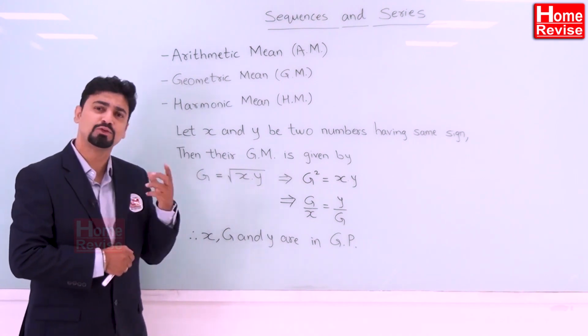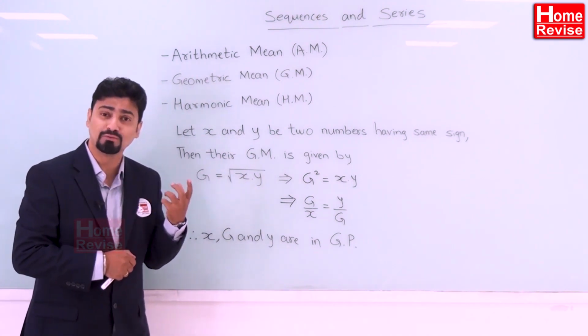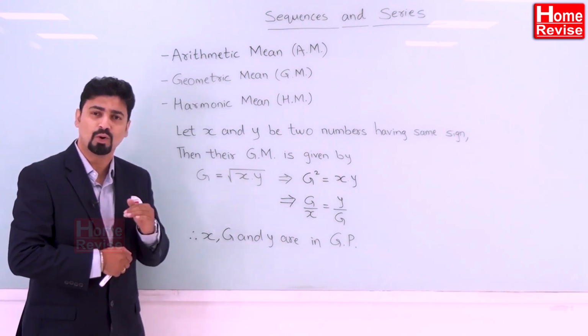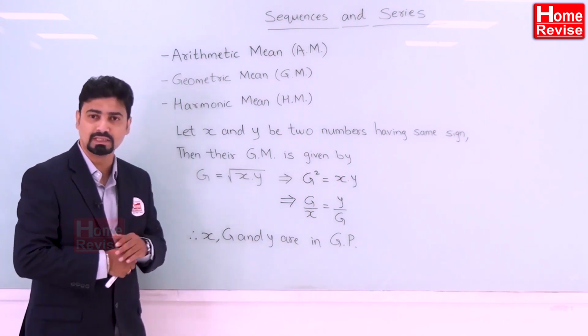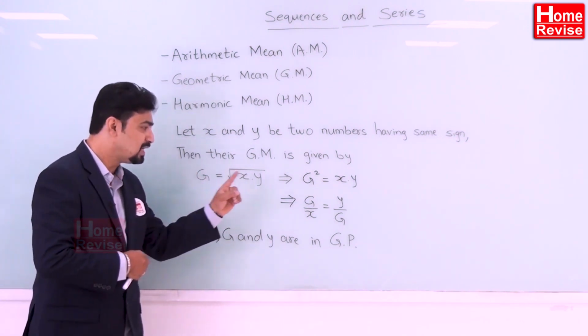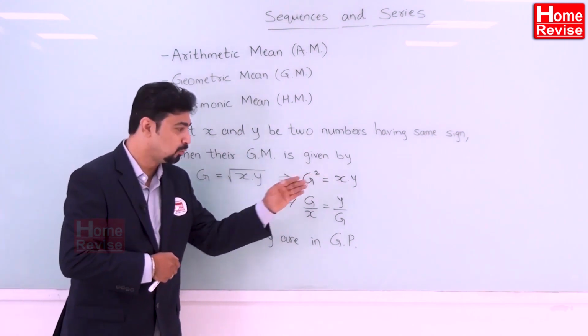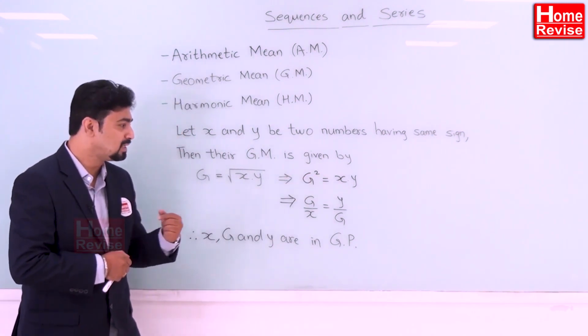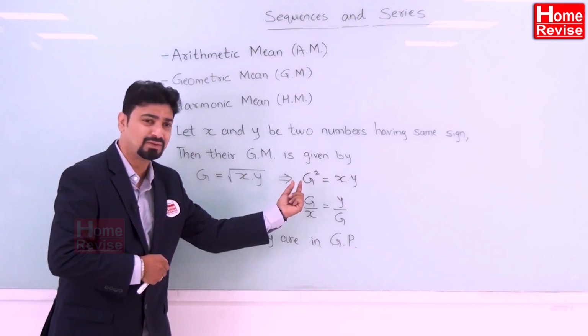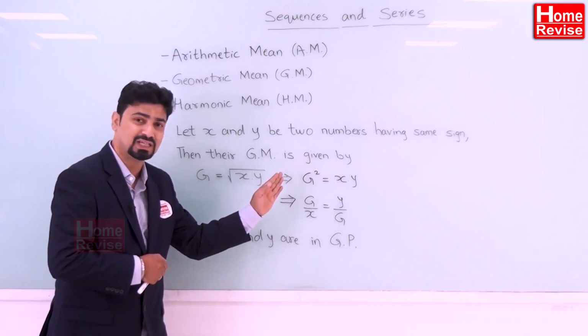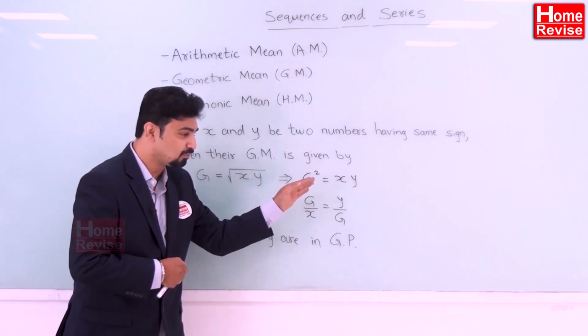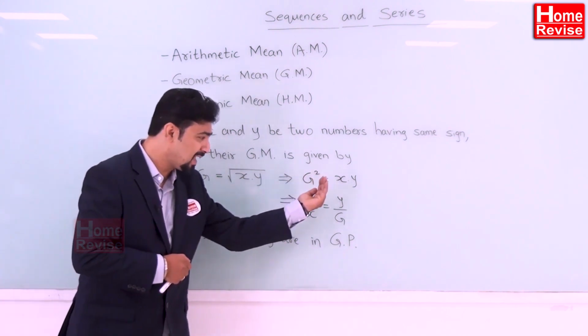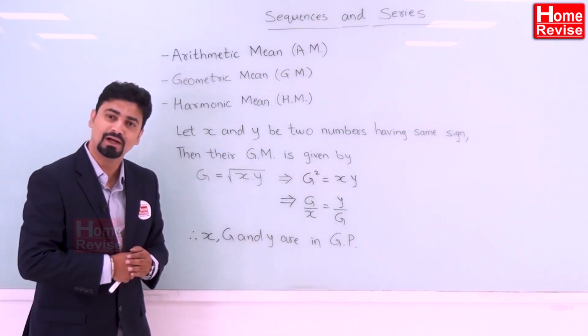Let us simplify this to see if we can derive more information about the geometric mean. I will square both the sides, so I will get g² = xy. Further, I have two g's on the left hand side, so I will put one g in the denominator on the right hand side, and I will bring x to the denominator on the left hand side.